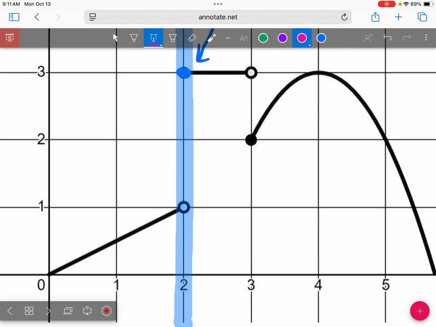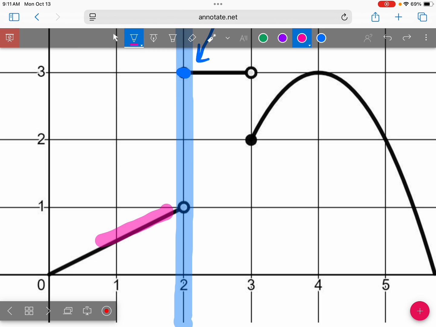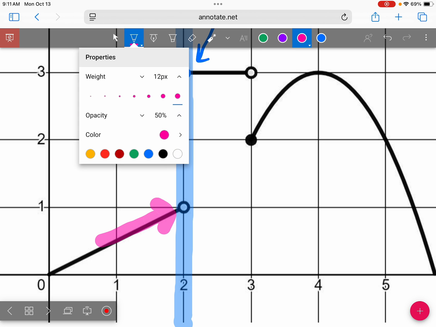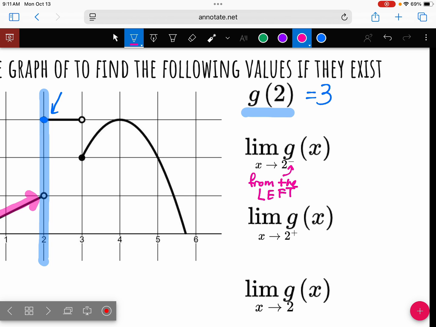That's as we get closer and closer to 2 on my x's. It's approaching 1, so our limit is 1, because that's where it would hit if we didn't have that discontinuity.